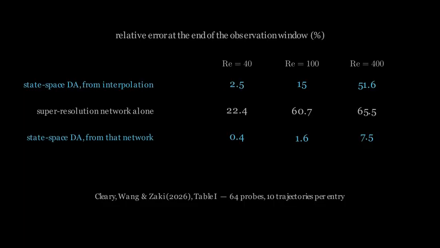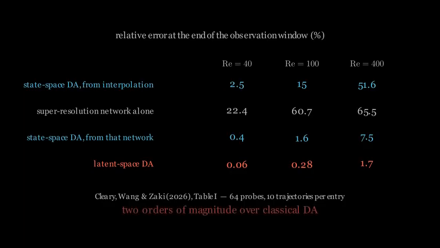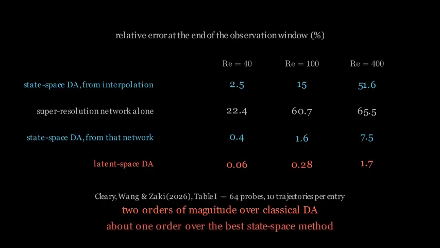Use that network to start the classical method, and you get 1.6, and assimilating in the latent space, 0.28. 2 orders of magnitude over the classical method. Roughly 1 order over the strongest thing anyone had in state space. From the same 64 probes.